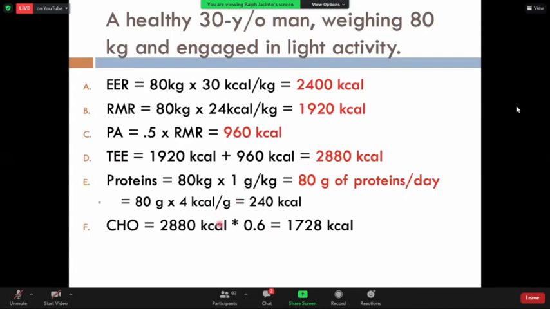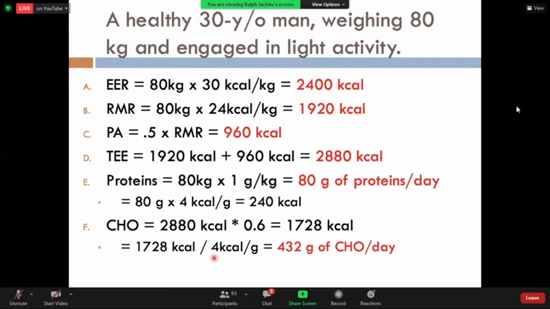So multiply it by 0.6, meaning 1,728 calories should come from your carbohydrates. Now, in order to determine the weight or grams of this, you divide it by the conversion factor, which is 4 kilocalories per gram. So it should be 432 grams of carbohydrate per day.